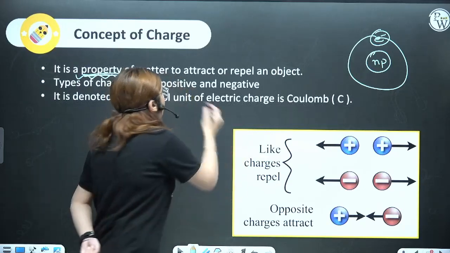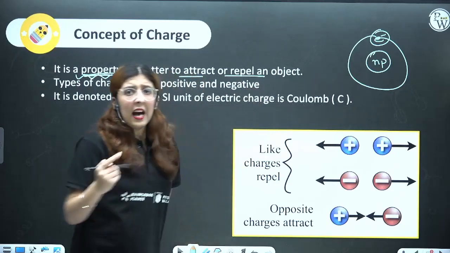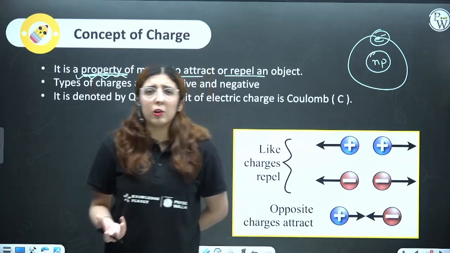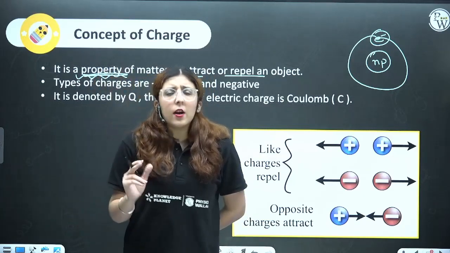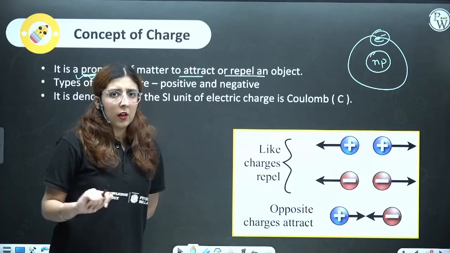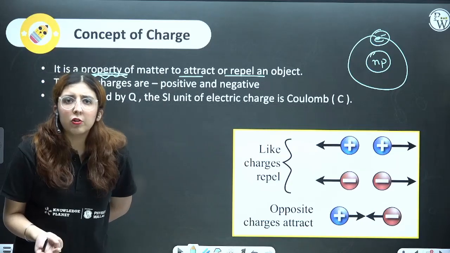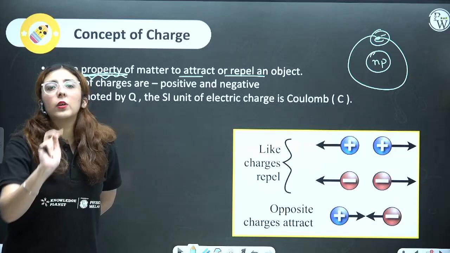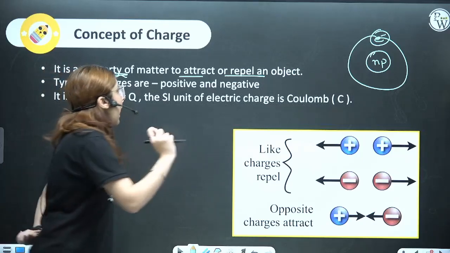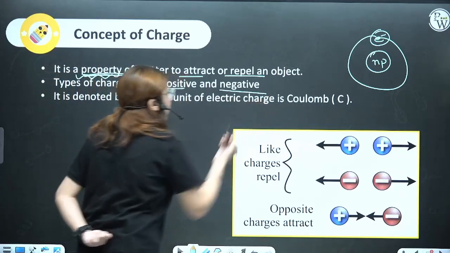Now, I am saying attraction, repulsion. Certainly, for attraction and repulsion, there should be 2 types of charges. Yes, we have 2 types of charges: a positively charged body and a negatively charged body.